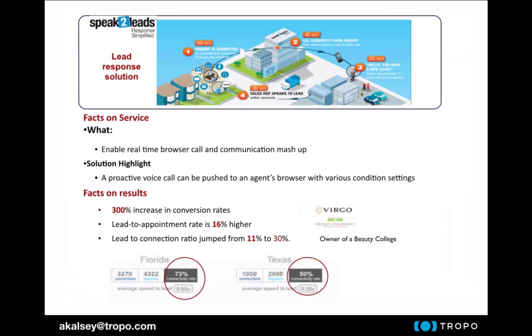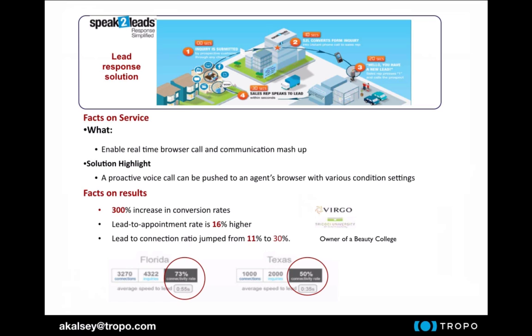So what Speak to Leads does is they speed that response rate up to happen within seconds. And the way that they do this is when you hit submit, it immediately does some skills-based routing to find what you filled out, match you up with a sales agent that can help you with that, finds the next available agent, and calls them. When that agent answers and responds that yes, they can accept that lead, it'll actually read the lead and the information to the agent before they accept.